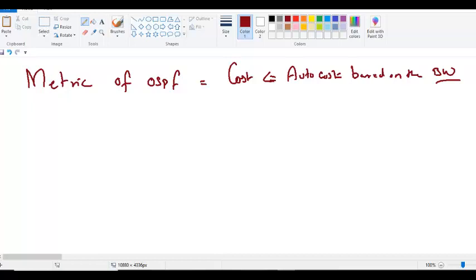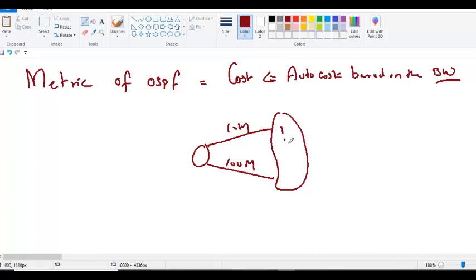And later you can add, cost is calculated using bandwidth. For example, if bandwidth is 10 meg and another link bandwidth is 100 meg, to reach this network 1.1, see, you can reach this network in this path, in this path.